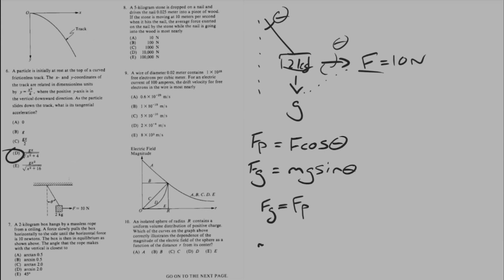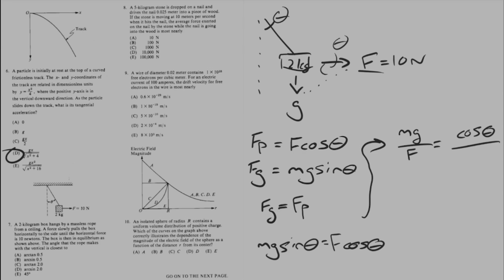So I have mg sine theta is equal to F cos theta, and I'm going to tack that up here. So just doing some of the math behind the scenes, mg over F is equal to cos over sine.